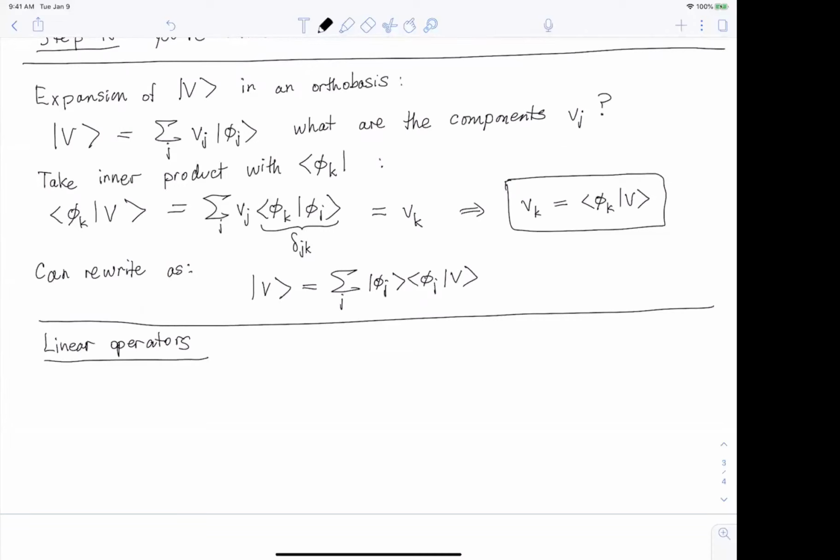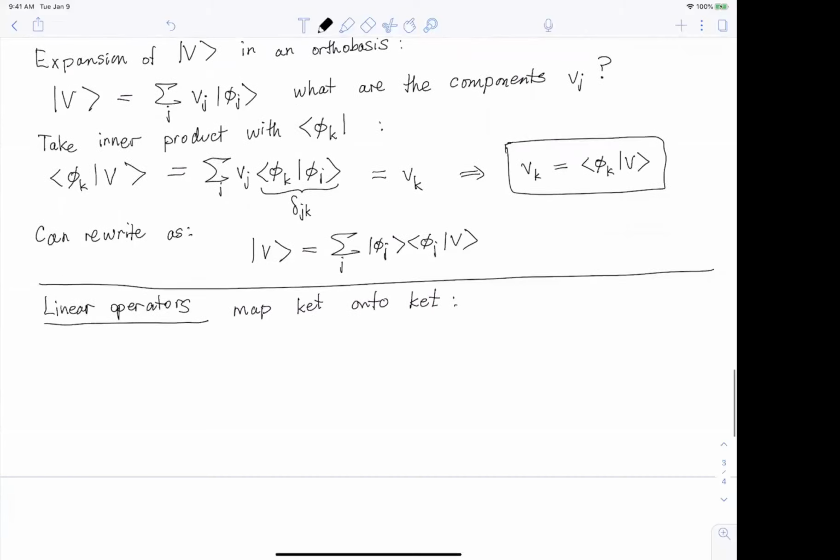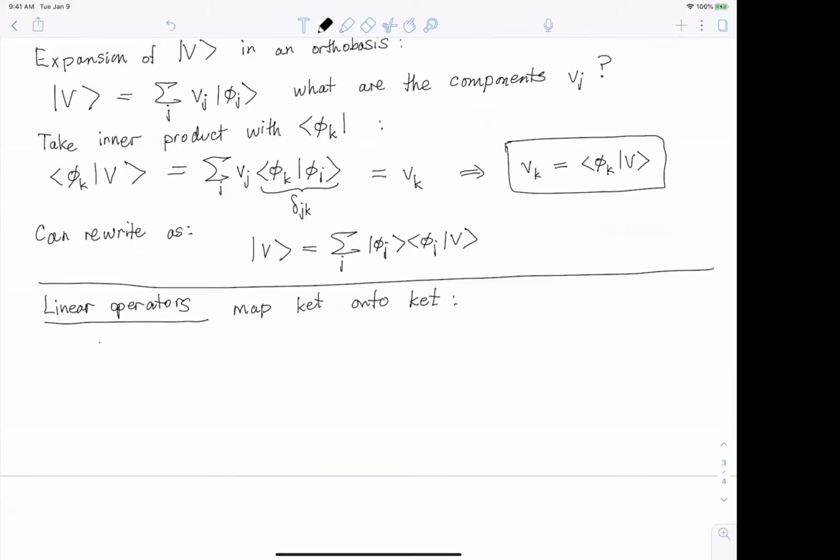So linear operators are things that map kets onto kets. In other words, they take a ket and they give you a rule for getting another ket. So if I let me call my operator A. If it acts on a vector v, that's a ket. What ket is it?